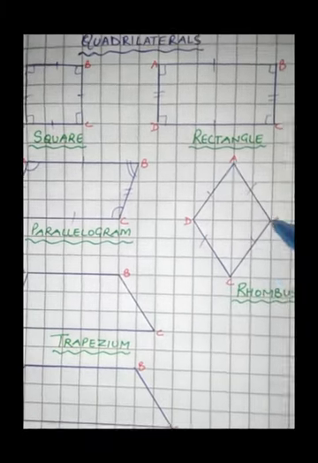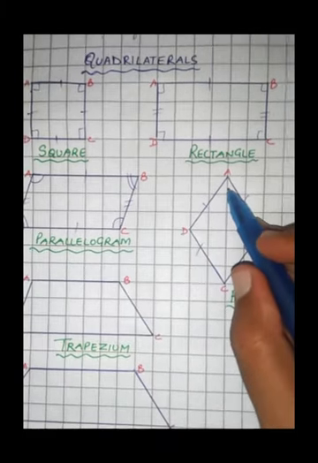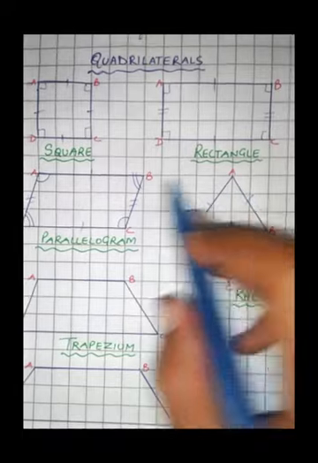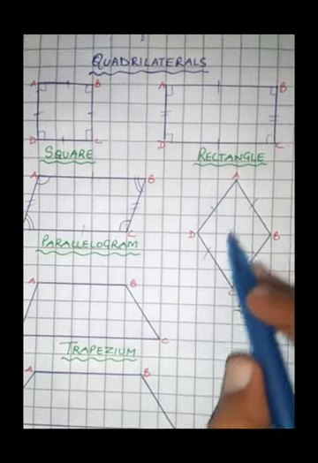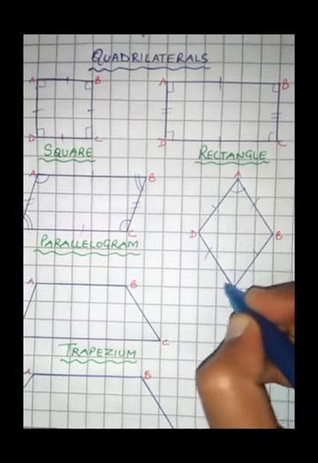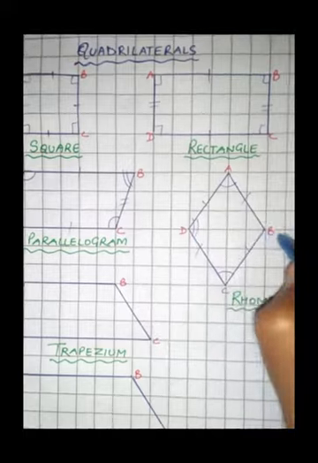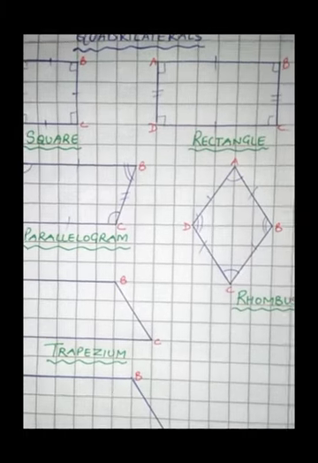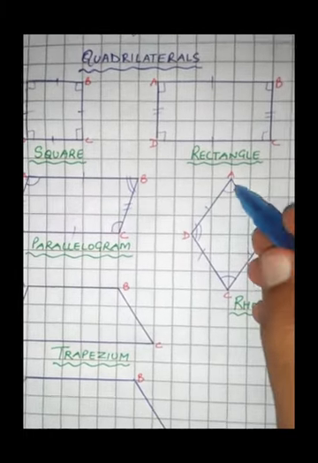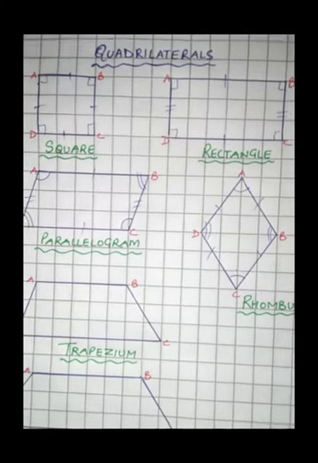So it has all the four sides equal, but again the angles are not 90 degree. Here also, just like a parallelogram, opposite angles are equal. So angle A will be equal to angle C and angle D will be equal to angle B. Here also two angles will be obtuse and two angles will be acute.